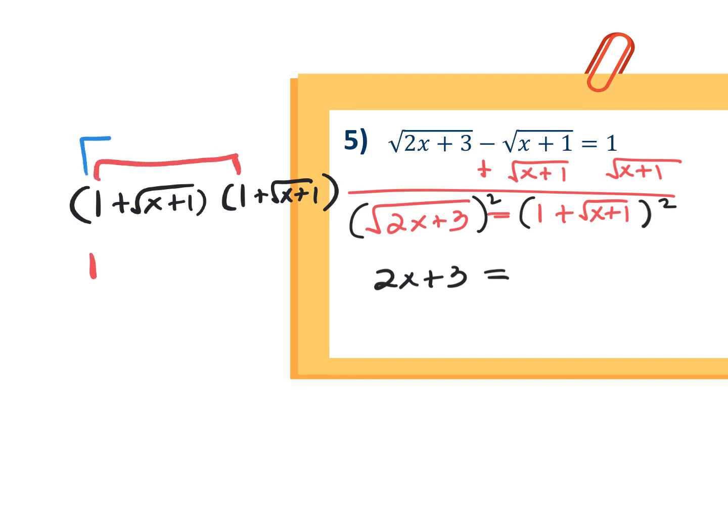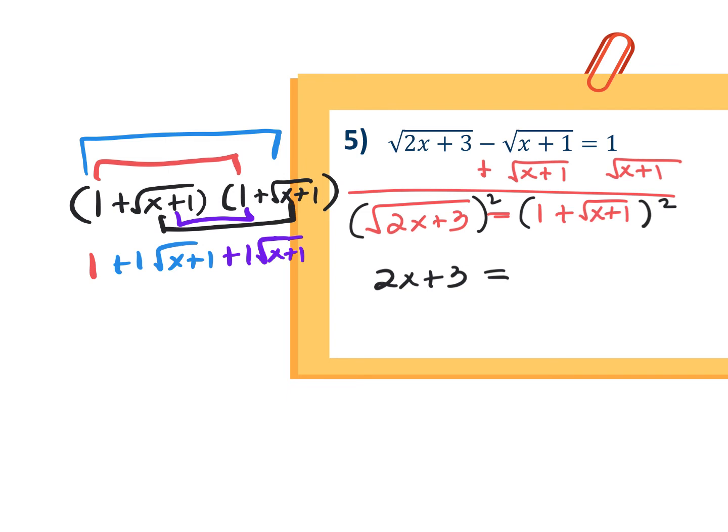Then I'm doing the outer, and I get 1 times the square root of x plus 1. Then I do the inside, and I get 1 times the square root of x plus 1. But then when I do the last, when you multiply a radical by a radical, it's just going to come out. So then the x plus 1 comes out.